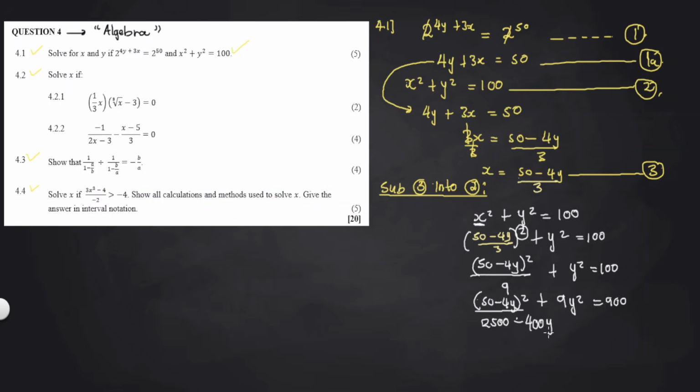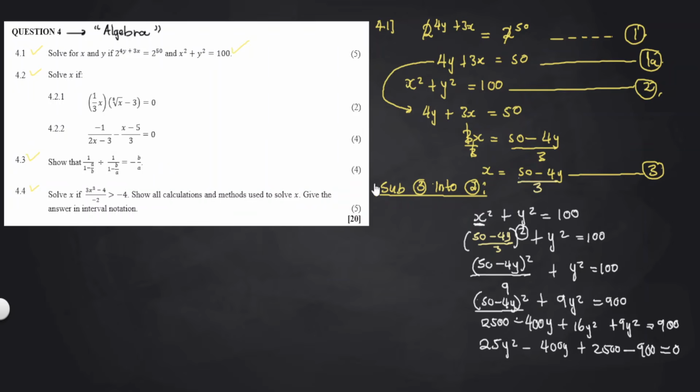It's 400y, and then plus 16y squared plus 9y squared equal to 900. Then 16 plus 9, that's 25y squared minus 400y plus 2500 minus 900 is equal to. You obtain this part by creating two brackets and foiling them, then collecting that trinomial.